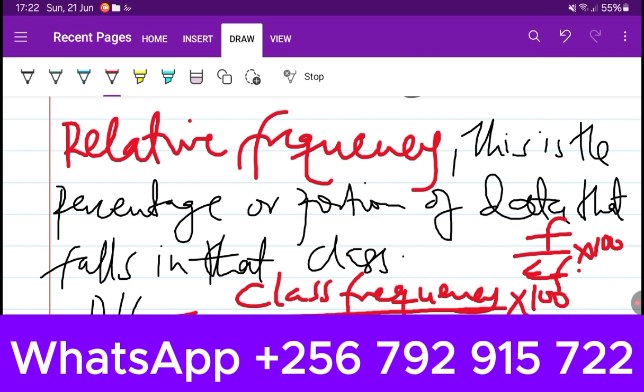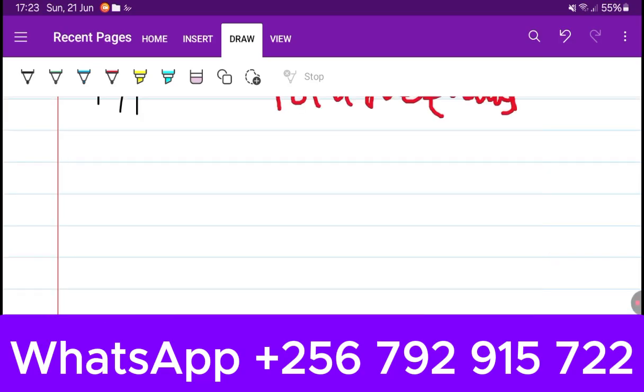Maybe we can get just the steps, because I remember in the ungrouped data we gave steps for construction of a frequency distribution table. So we can also give steps for construction of the grouped frequency distribution table. So we are going to create what we call the frequency distribution table.